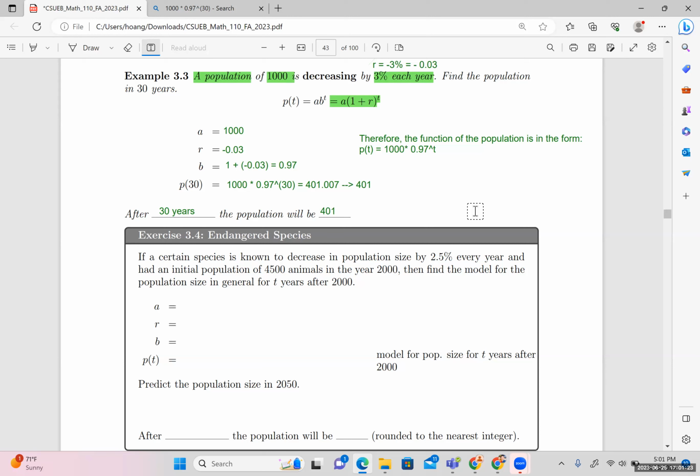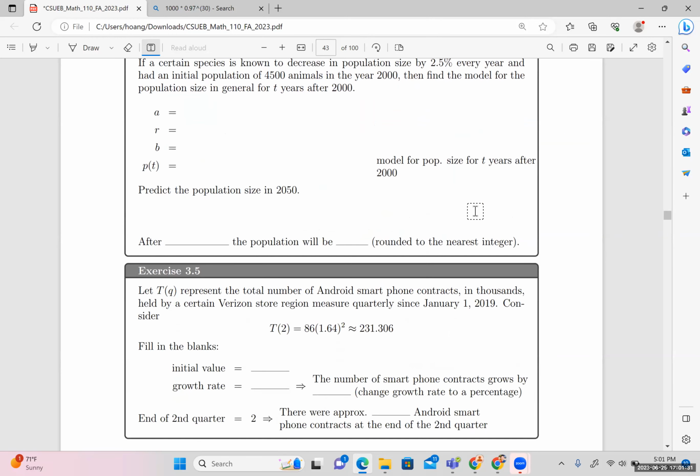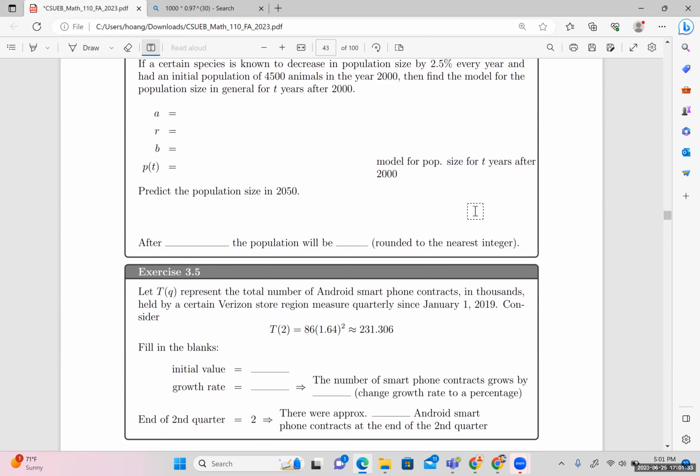Okay. So I would like to let you try exercises 3.4 and 3.5 and submit them as group work. I would like to give you the answer key. Let's say after 50 years, what is that gonna be?